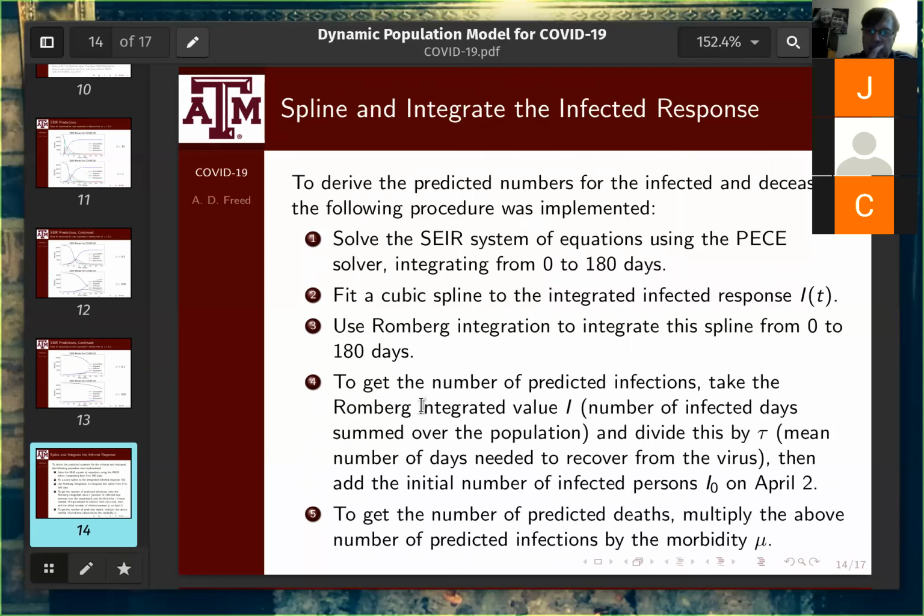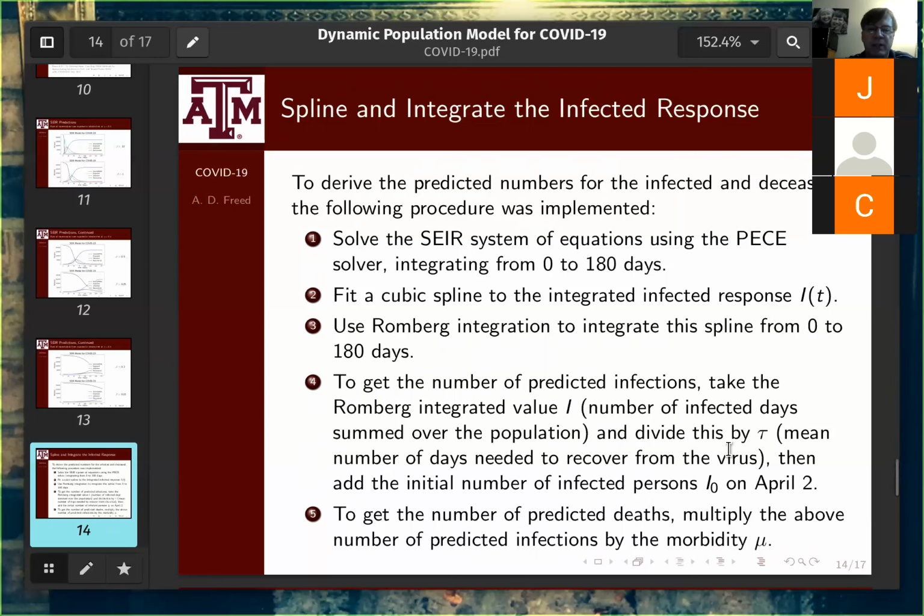So the typical person who's infected recovers in 14 days. So what I did was I took the number that I integrated by the Romberg, and I divided that by tau, which is the mean number of days needed to recover from the virus. So basically, every 14 days that comes from this integration basically means that one person has recovered, okay?